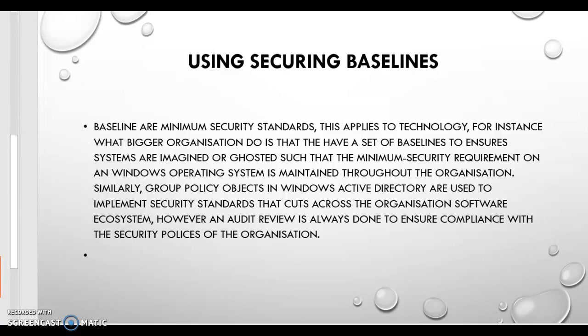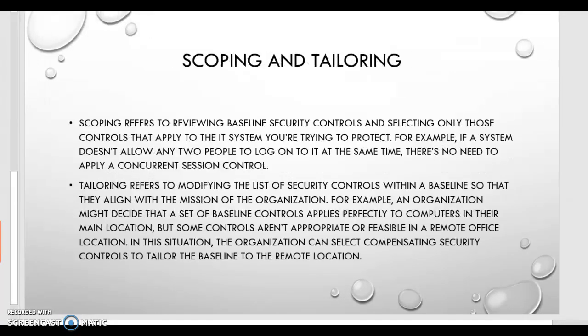Similarly, group policy objects in Windows Active Directory are used to implement security standards that cut across the organization's software ecosystems. However, an audit review is always done to ensure compliance with the security policies of the organization.